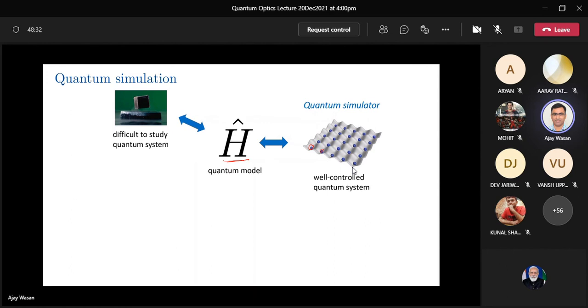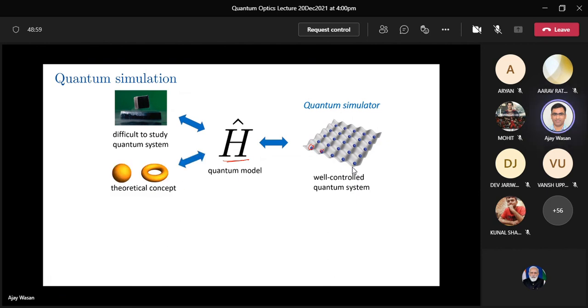We have reached that sophistication in the last 2-3 years. So you put all the atoms in order. Here I am showing 2D, you can put in 3D also, and then you study the interaction between two atoms, many atoms, we can do everything. So this is called simulation.